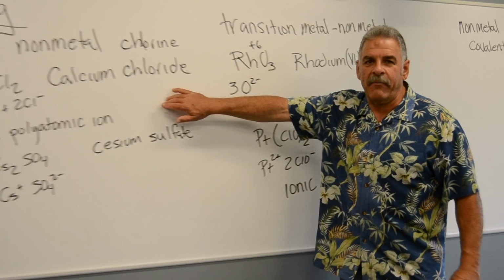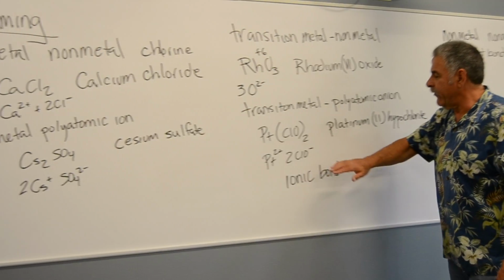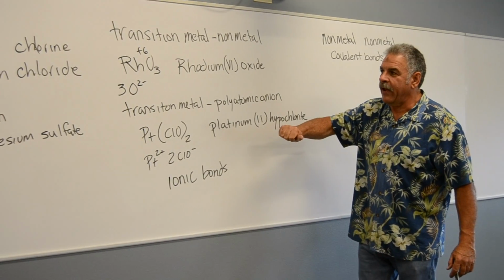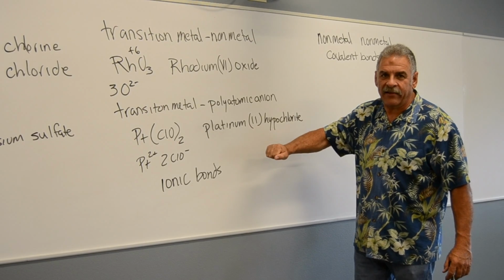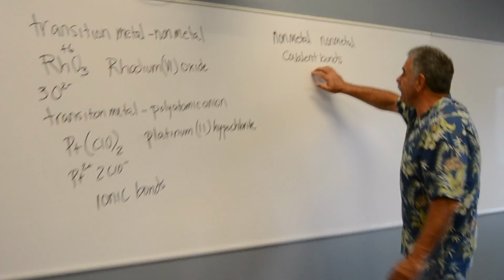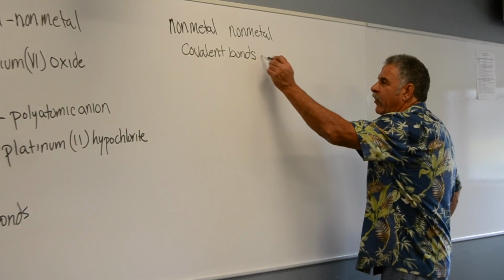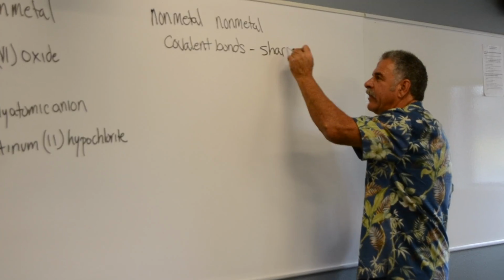Metals give up their electrons, anions and non-metals take electrons. But when two non-metals get together, they share electrons. That's what covalent means, sharing electrons.